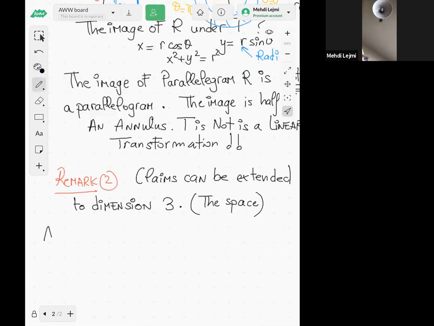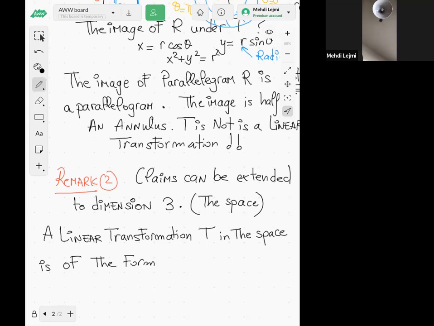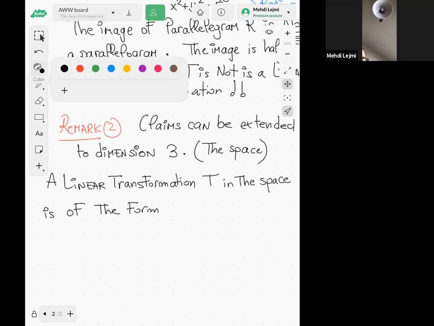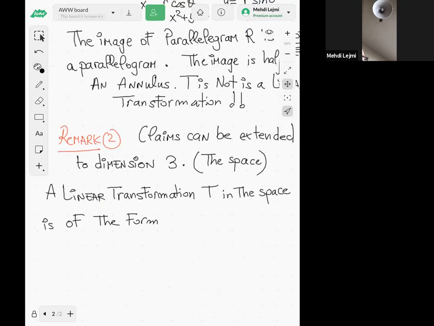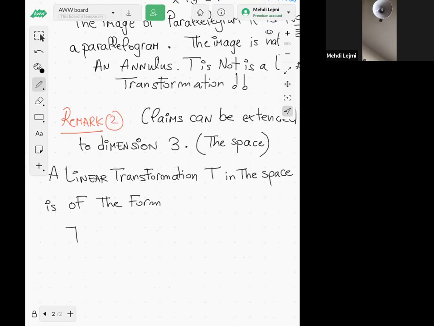A linear transformation T in the space is of the form T of (U, V, W) equals matrix capital A times (U, V, W).